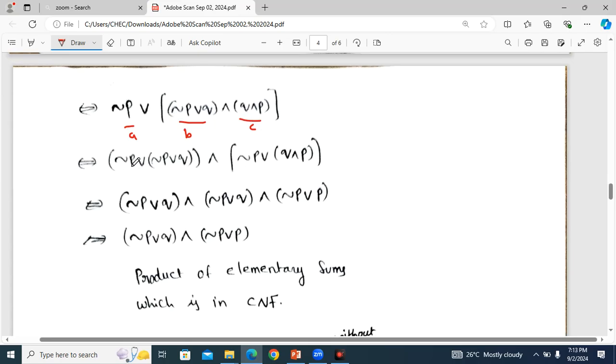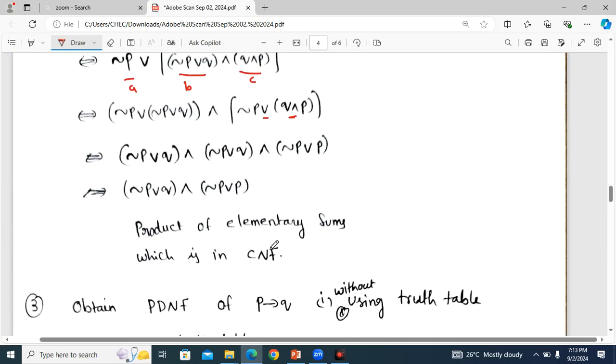So we get (negation P or negation P or Q) and (negation P or Q and P). By the idempotent law, negation P or negation P is negation P. Here again we apply the distributive law: (negation P or Q) and (negation P or P). So this is a product of elementary sums, which is in CNF.